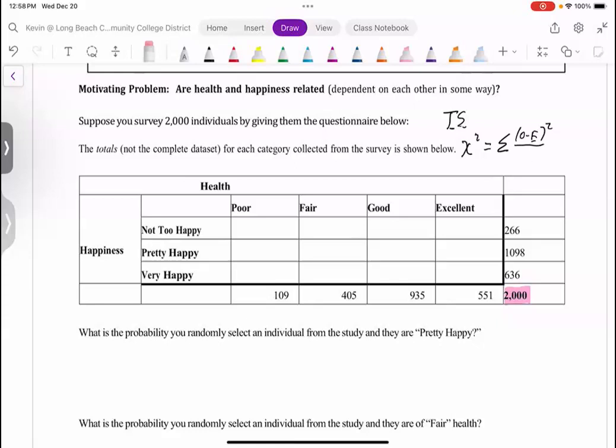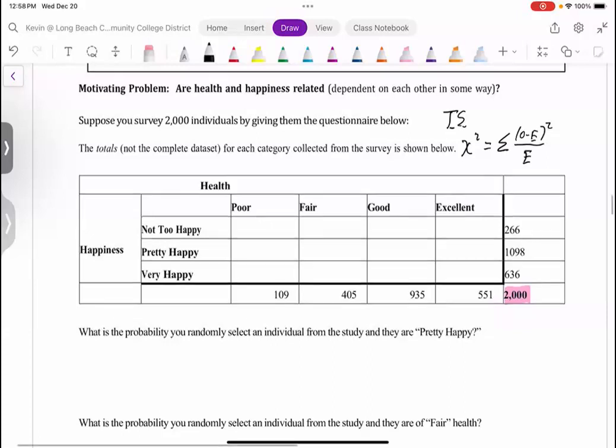But as of now, we don't know how to find the expected value. We're only going to have the outcome values as we're looking at this. So we are going to try to calculate that out. Keep in mind that the expected outcome is n times p. So we're just keeping that in the back of our minds as we're doing this. And we're going to have to build up our probability.